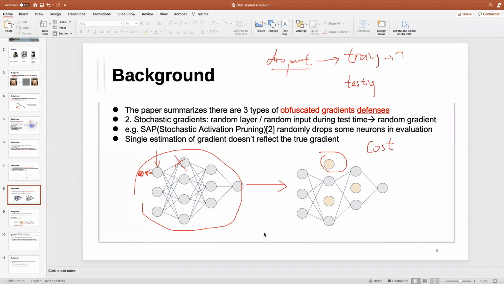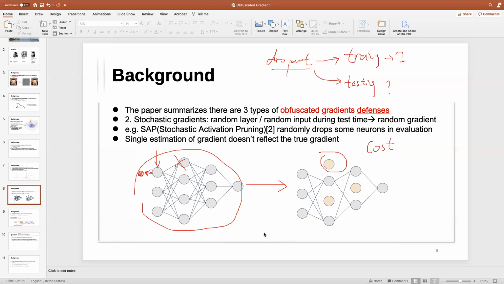To avoid overfitting. Yes, but why do we not drop out during testing? Because you need to reflect the true situation of training.